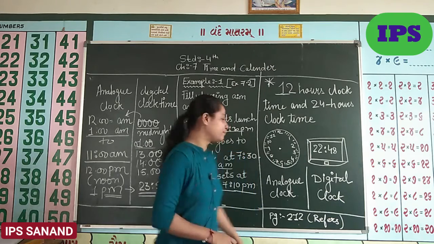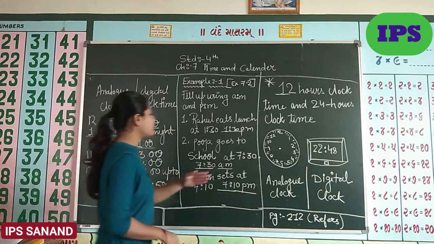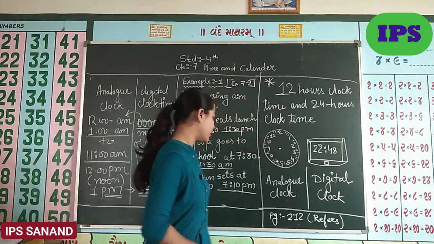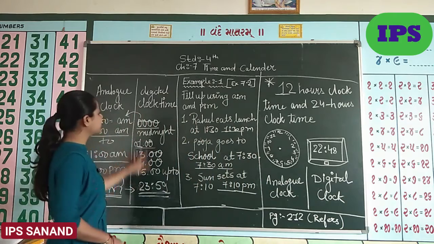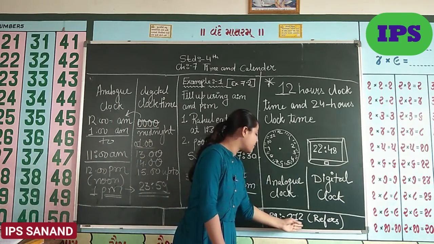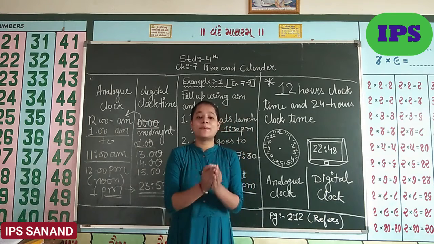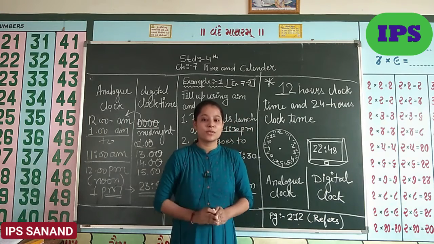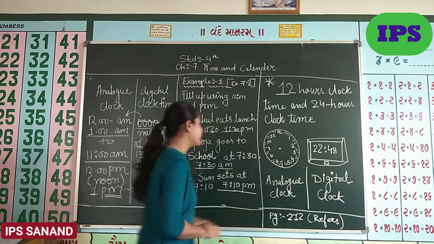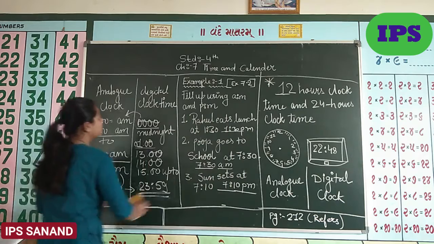As you all know, in our 24 hour clocks we have numbers only up to 24. Okay, so you can refer to this chart in your textbook, which is at page number 212. So please students, take your textbooks with you, so it will become easier to understand the concept. Let's get to another topic.